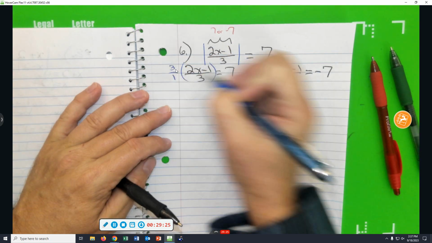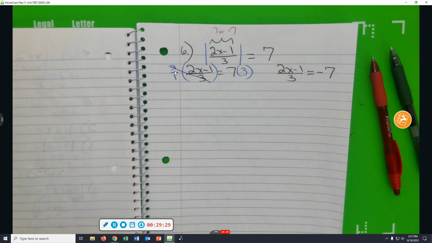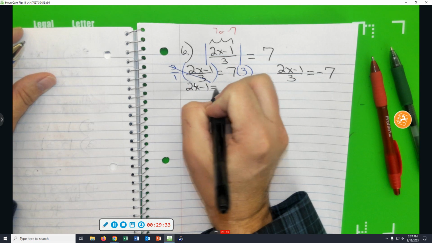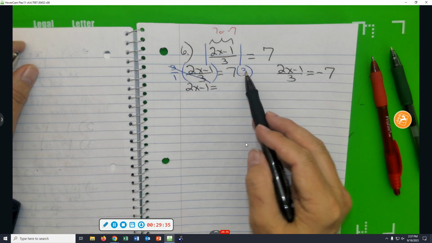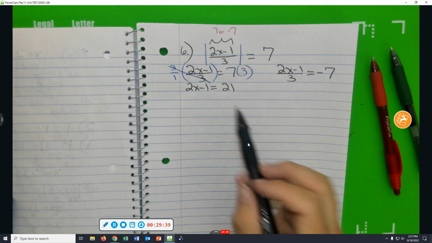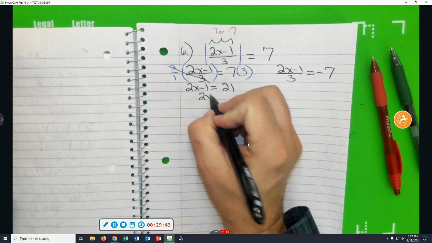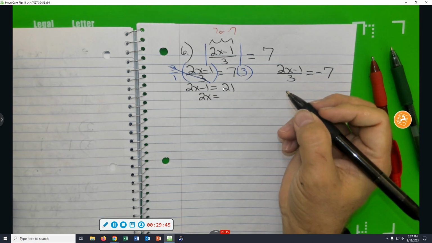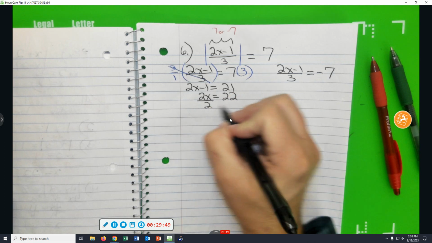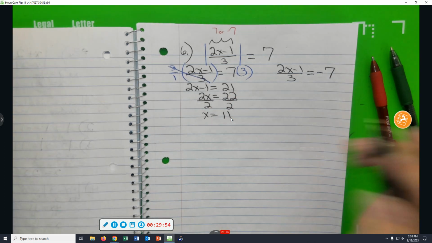The 3's cancel, so you have 2x minus 1 is equal to 7 times 3, which is 21. I could add 1 to both sides to get 2x equals 22. Divide both sides by 2. So here's my first solution: x equals positive 11.